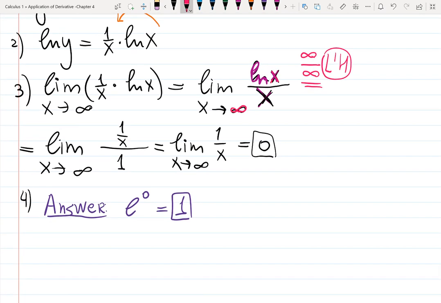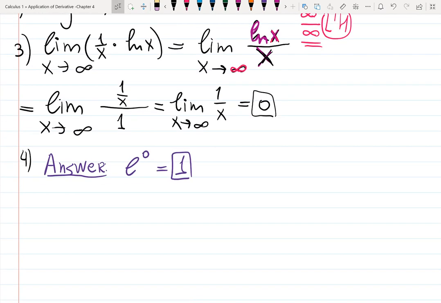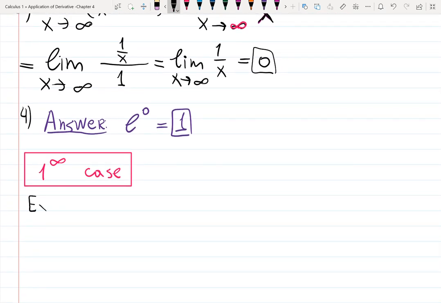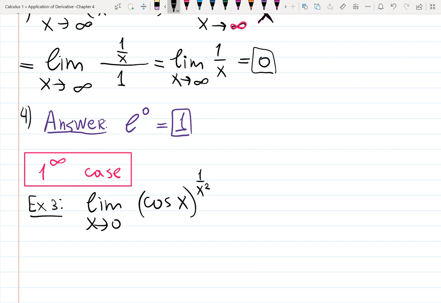Last example will be about the 1 to infinity case. And this one has some trigonometrics in it, so let's practice that. Example 3. Let's find the limit as x approaches 0 of cosine x raised to the 1 over x squared.